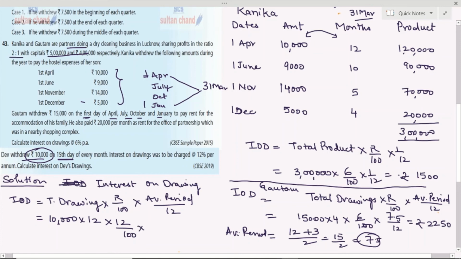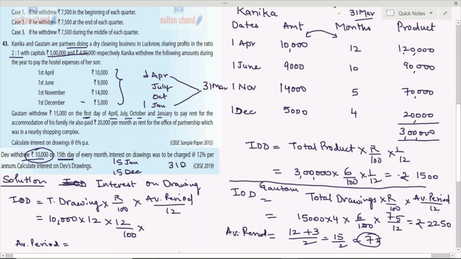Average period, if we calculate the average period here, it says middle of every month. So in this case, we can take April to March, or we can take the financial year as Jan to December. Whatever year, we'll get the same thing. If I take out this average period here, what does it give me? 15th of Jan will be the first drawing, and 15th of December will be the last drawing.